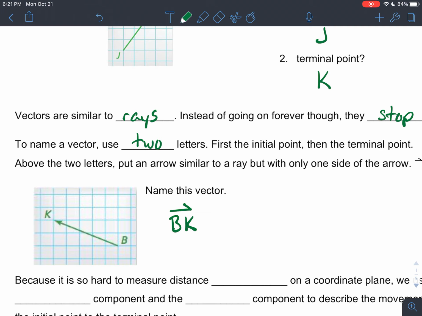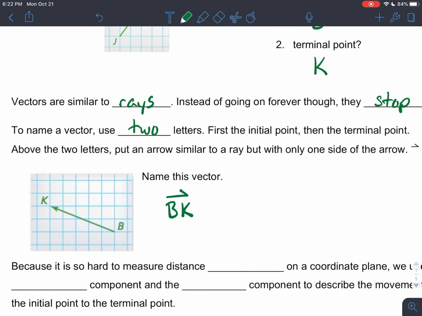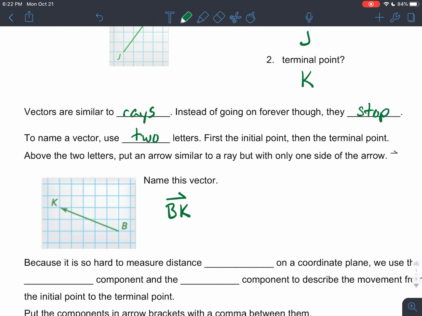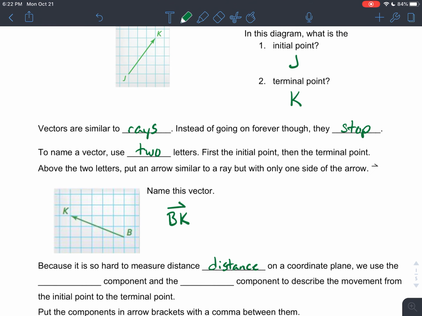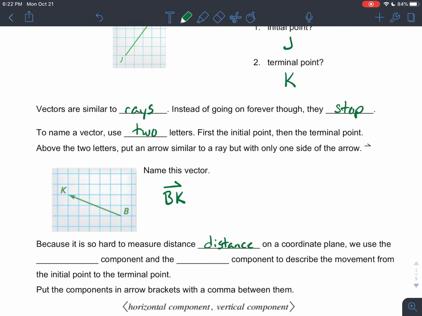So we said a vector has direction and magnitude. The magnitude is the size of the vector, so how long is it? But because it is so hard to measure distance diagonally on a coordinate plane, we use the horizontal component, the left or right movement, and the vertical component, the up or down movement.